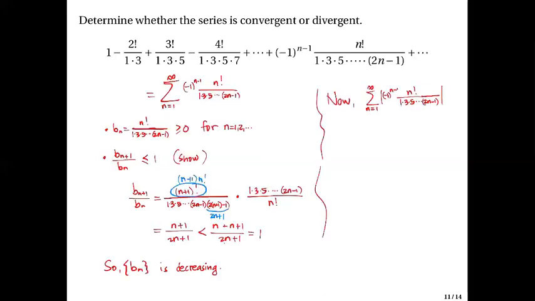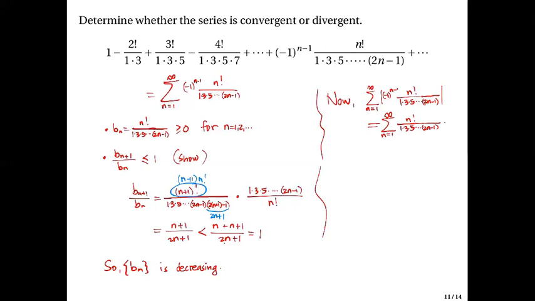This is just this guy without the negative 1 raised to n minus 1, so it is just the sum of n factorial over 1 times 3 times 5 times up to 2n minus 1, from 1 up to infinity. If we show that this is convergent, then this guy is absolutely convergent because we use the absolute convergence test. To show that this is convergent, we use the ratio test.